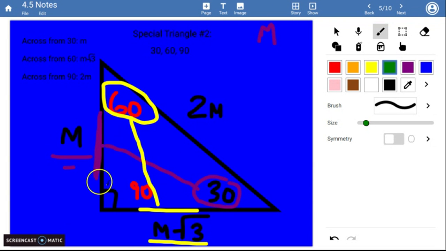And the one across from the 90, the hypotenuse, is 2M. So that's something to know.